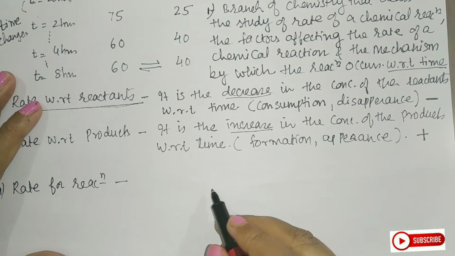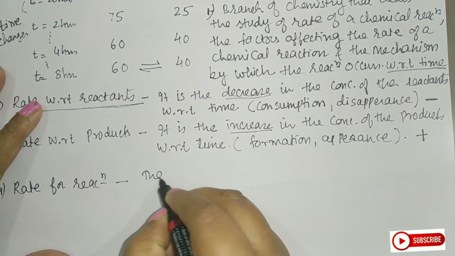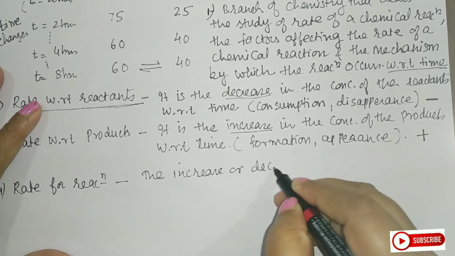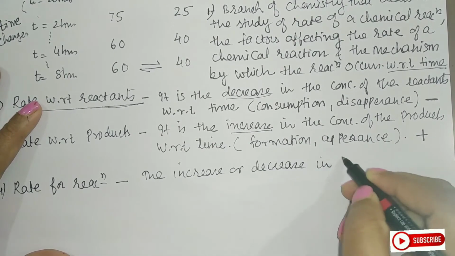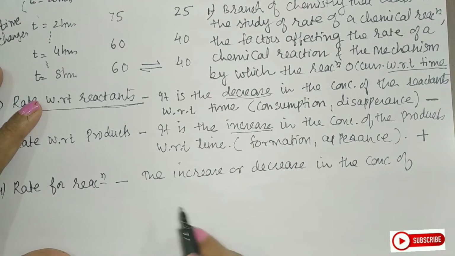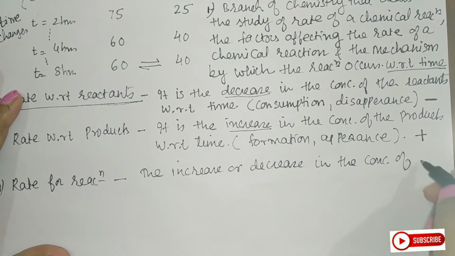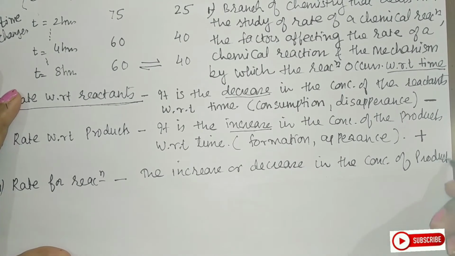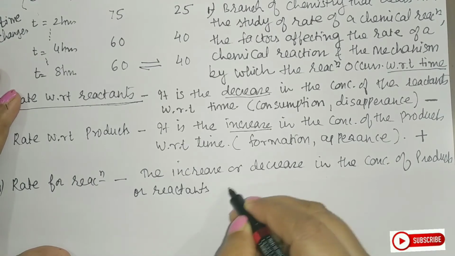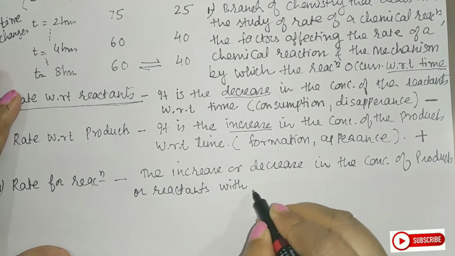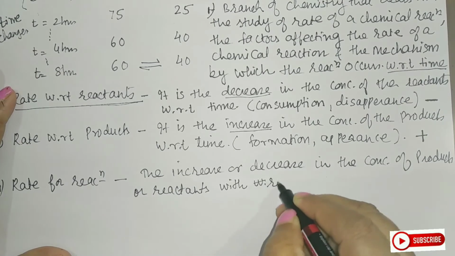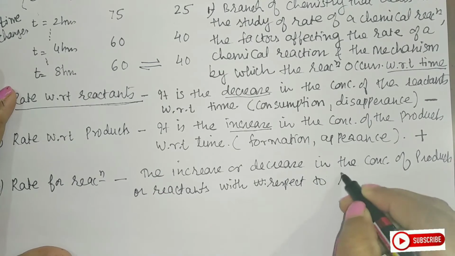It can be defined as the increase or decrease in the concentration of, if you write increase, I will write products first, concentration of products or reactants with respect to time.